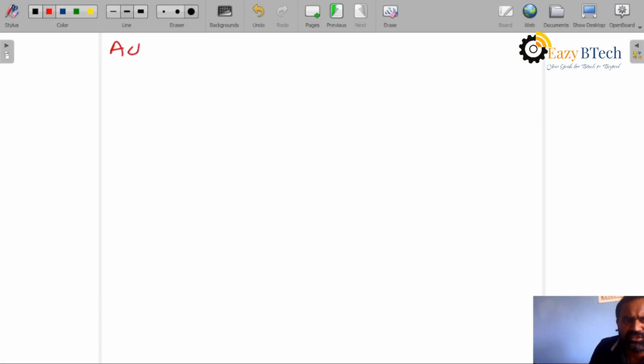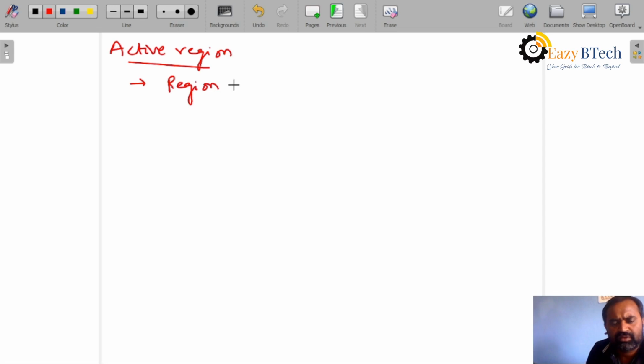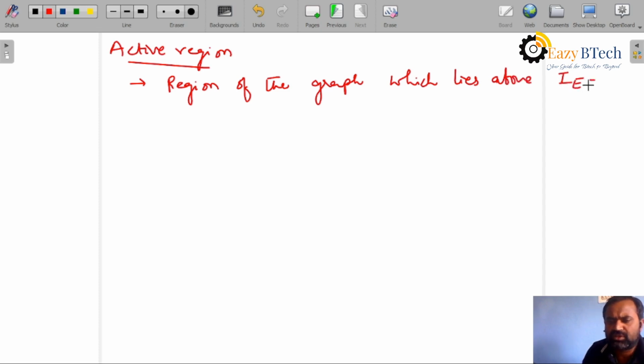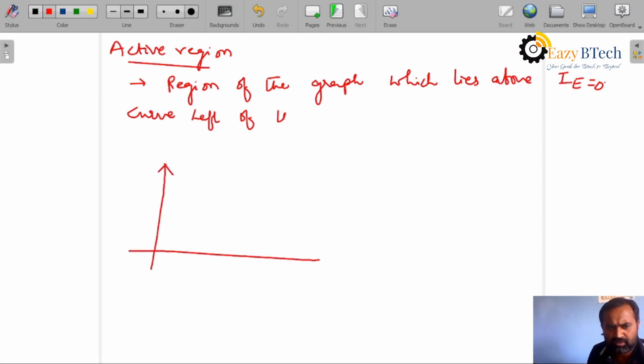Next, we will see the active region. In the active region, we keep IE constant. It is the region of the graph which lies above the IE equal to 0 curve, and to the right of it.